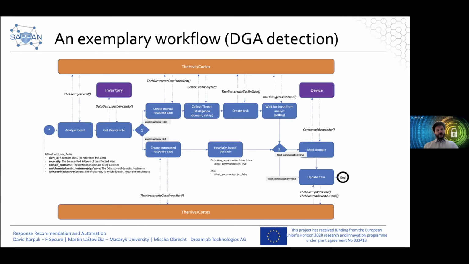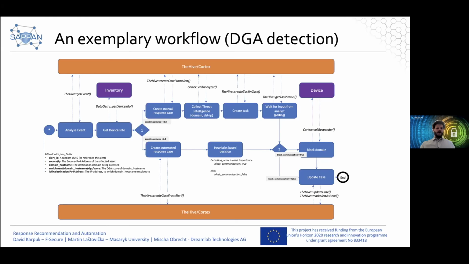The whole workflow starts at the very left with an alert coming in from the CM or another detection engine. We then start running through and collect some information with the get device info box in the middle from the asset inventory. This includes the asset's criticality that I've mentioned before, and then we have a first distinction where we decide, is this a critical asset?